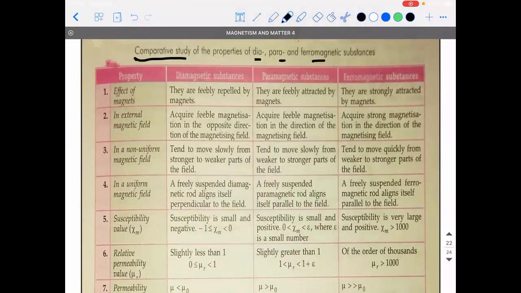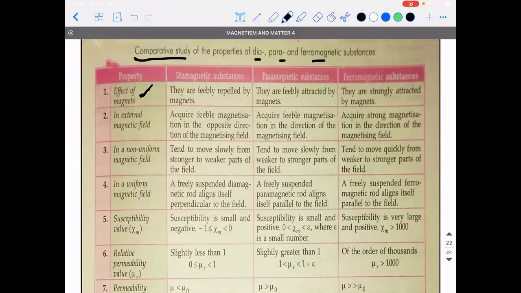Okay. First, the effect of magnets. So when a diamagnetic substance is taken close to a magnet, how will it behave? Will it attract or repel? It is obviously going to repel, right? So when you talk about repulsion, is it going to be a strong repulsion or a feeble repulsion?